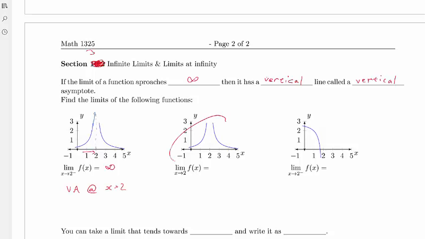All right, now here, note it's the exact same equation. This time there is no positive or negative, which means that it is a two-sided limit. You note that we do have a vertical asymptote here, and it doesn't matter if you approach from the left or the right.